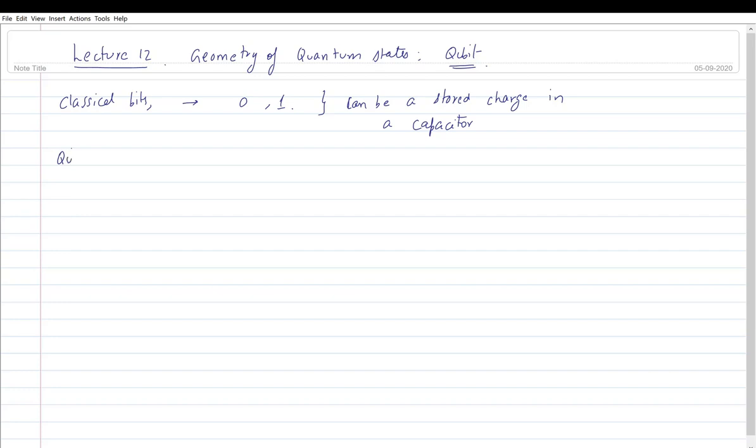Quantum bits, well, essentially it's a 2D vector space. That is a column vector, and I can have an orthonormal basis. So this is a Hilbert space, mind you.